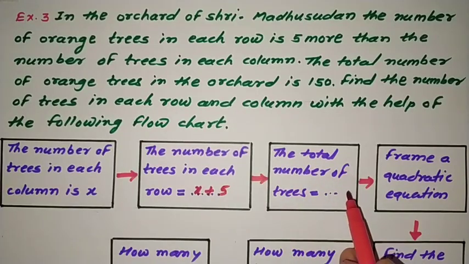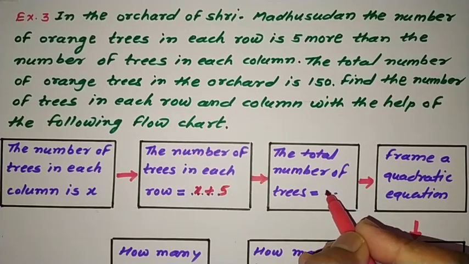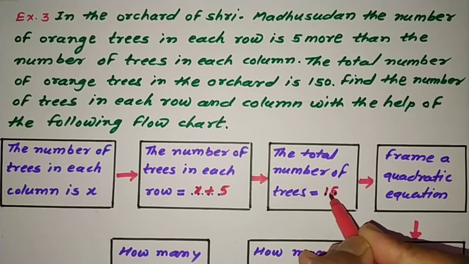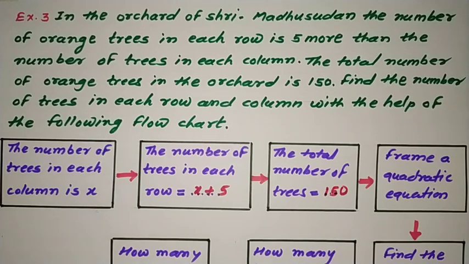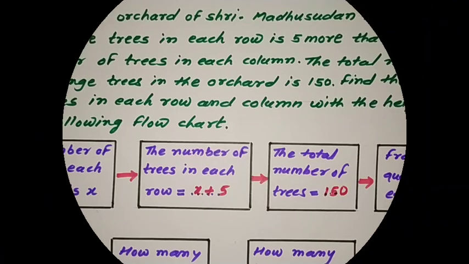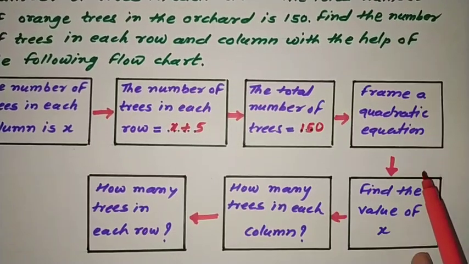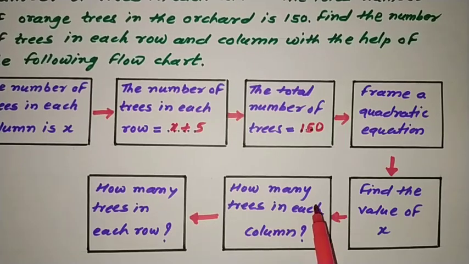The total number of trees is equal to 150. Frame a quadratic equation. Next, find the value of x. Then, how many trees in each column and how many trees in each row.